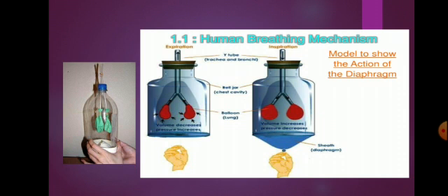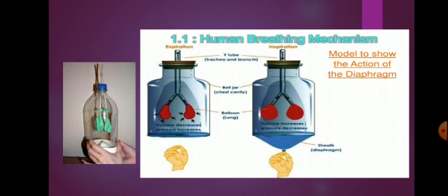The air from outside rushes in through the tube into the balloons, due to which the balloons get inflated and increase in size. This shows the action of the diaphragm during inhaling of air. Then, to show the process of breathing out, we release the rubber sheet.